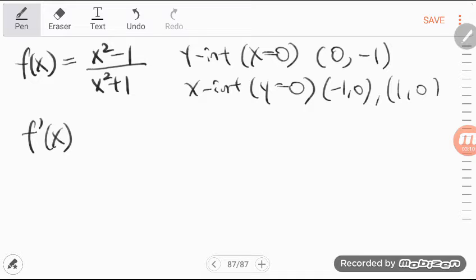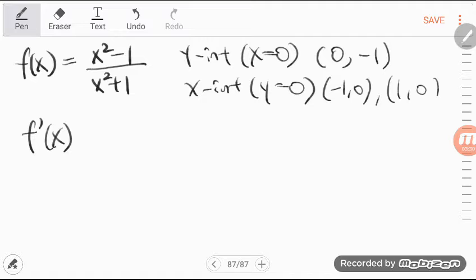We first analyzed if there are any asymptotes. For now, it doesn't look like we have any asymptotes, but we do have some x and y intercepts, and we already got the points. So that's all we can do, pretty much, with the f of x. Let's continue on with my f prime.